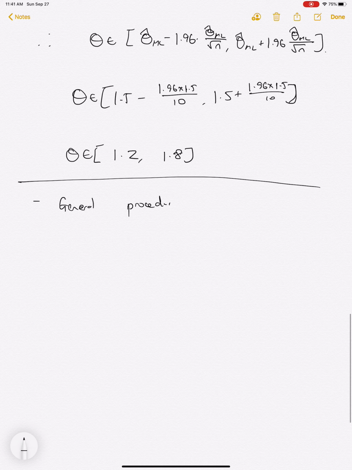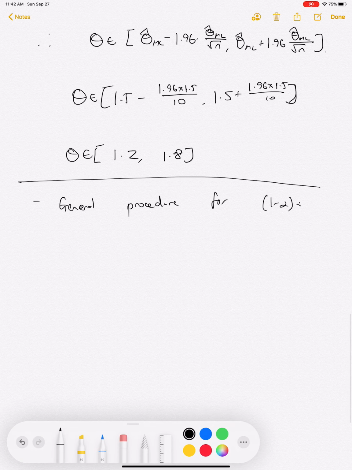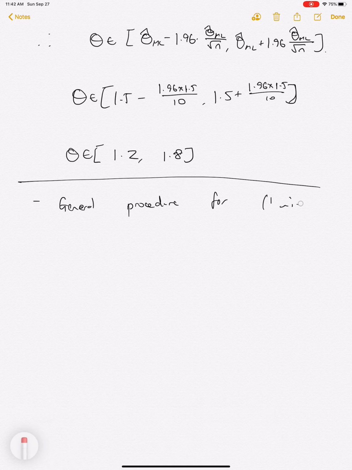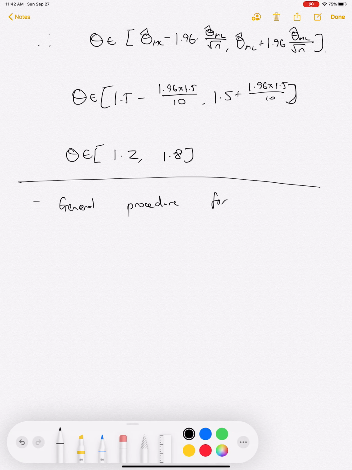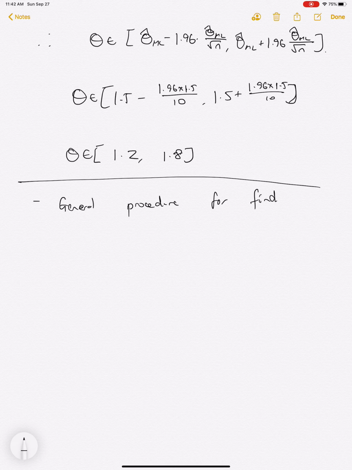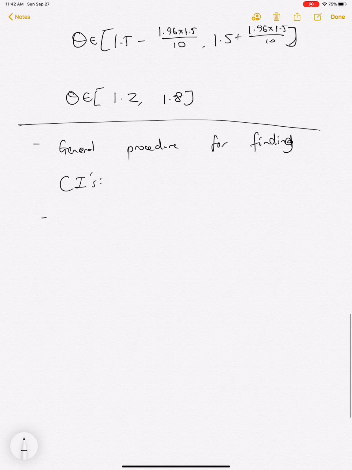So the general procedure for finding confidence intervals is pretty simple. Each step in itself takes work, but in terms of how to put the steps together, it's relatively simple. We first need to find theta hat ml, which is a lot of what we spent a lot of time figuring out how to do.